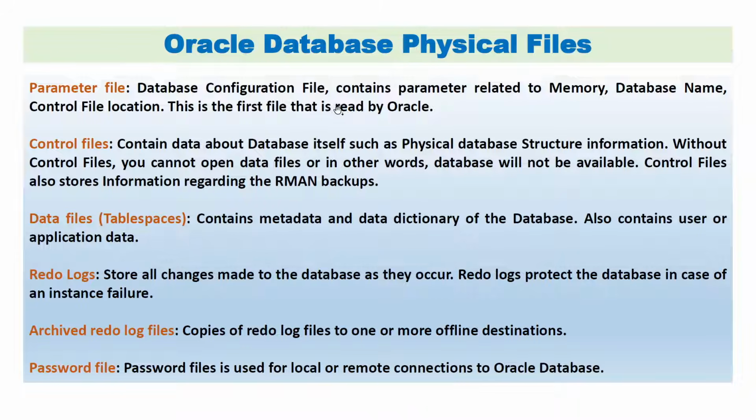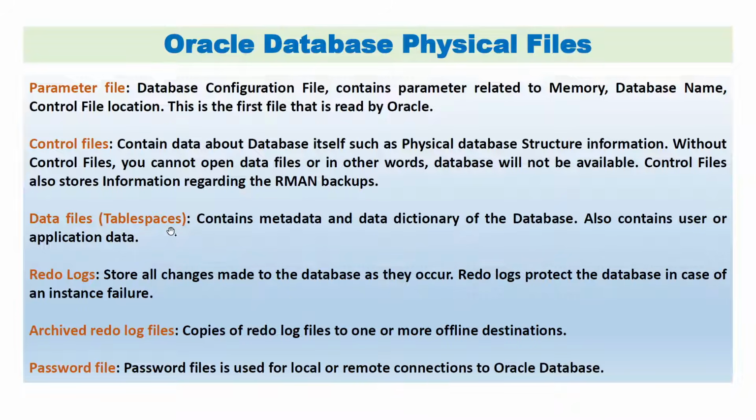This is the first file that is read by Oracle. The control file contains data about the database itself, such as physical database structure information. Without the control file, you cannot open data files, or in other words, the database will not be available. The control file also stores information regarding the RMAN backups.